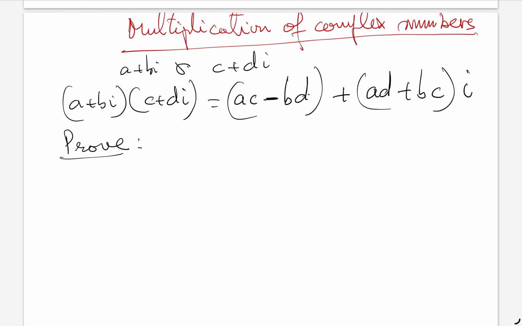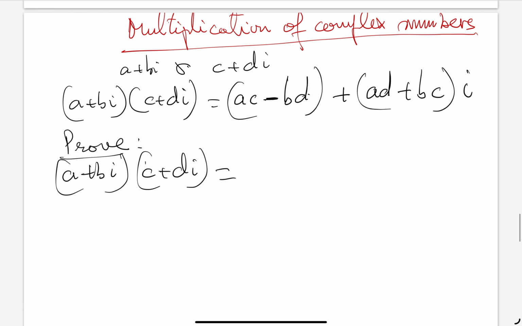Proof means let's prove if this one is true. So a plus bi, parentheses, and you have c plus di. So you have to distribute: multiply a by c and a by di. Okay, let's do this one first. So you will have a times c is ac plus a times di.